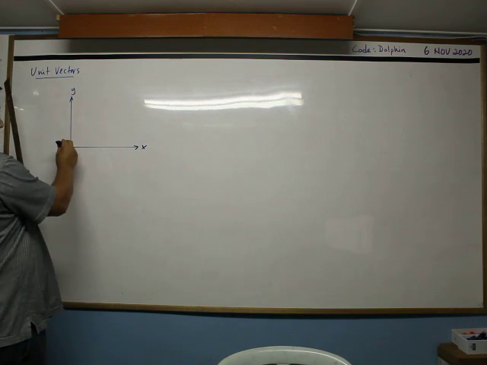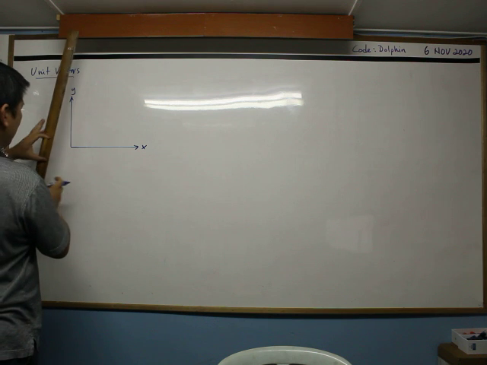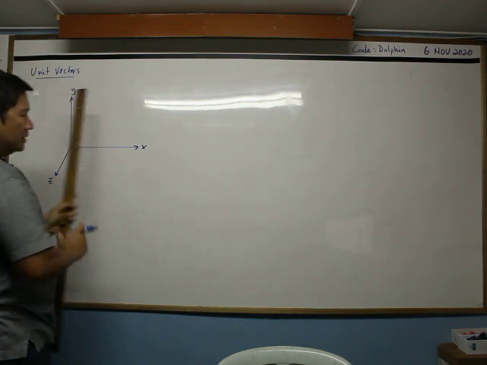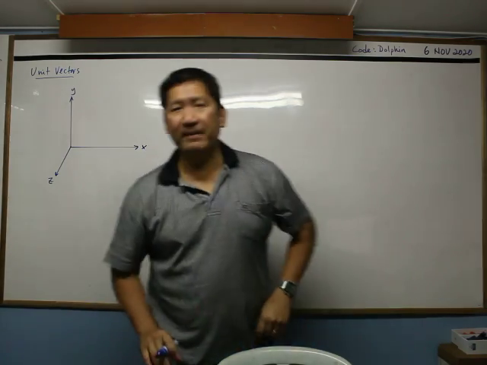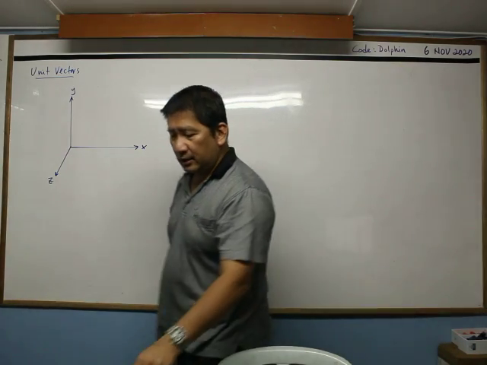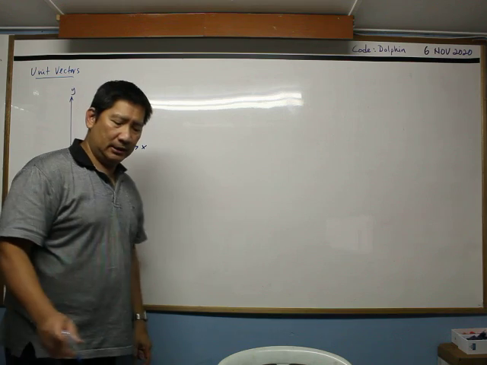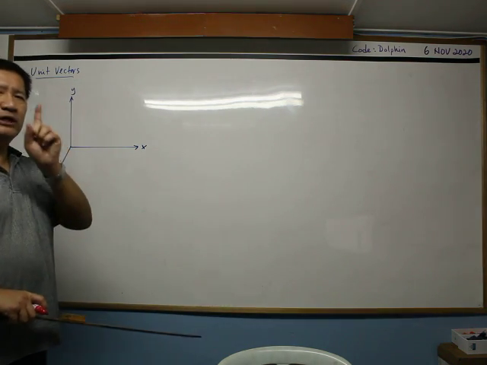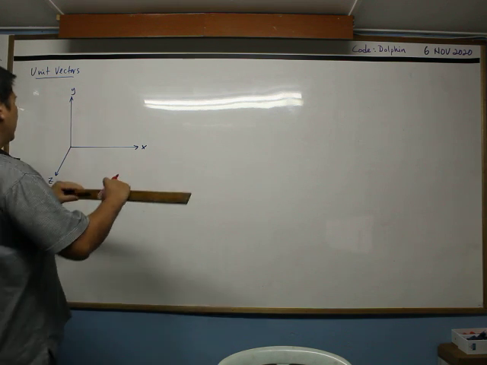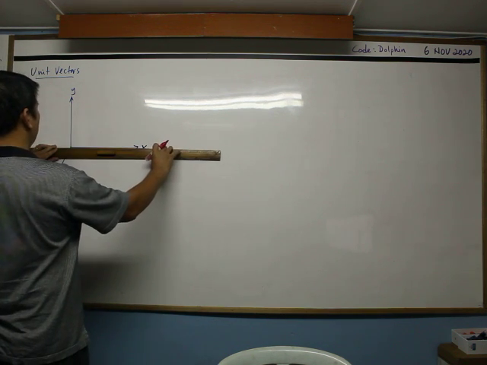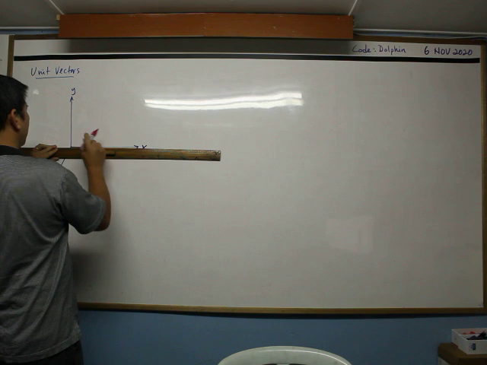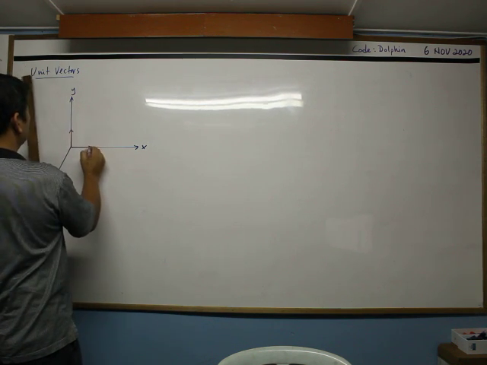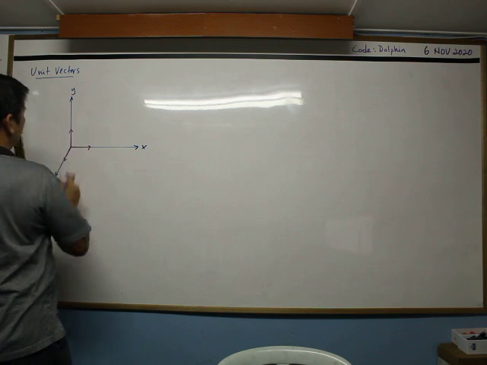But I cannot draw like this because you cannot see the sense of dimension, so I draw this way. That is our 3-dimensional space. A unit vector can be represented by 1 unit of magnitude in all these directions. So you have 1 unit vector here, 1 unit vector here, and also 1 unit vector here.